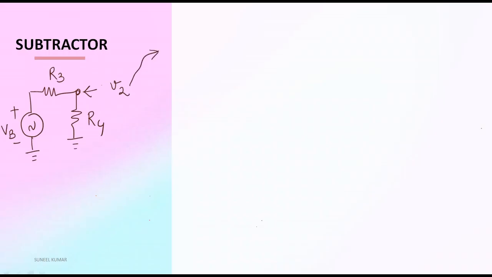So V2 is the voltage across the R4 resistance.